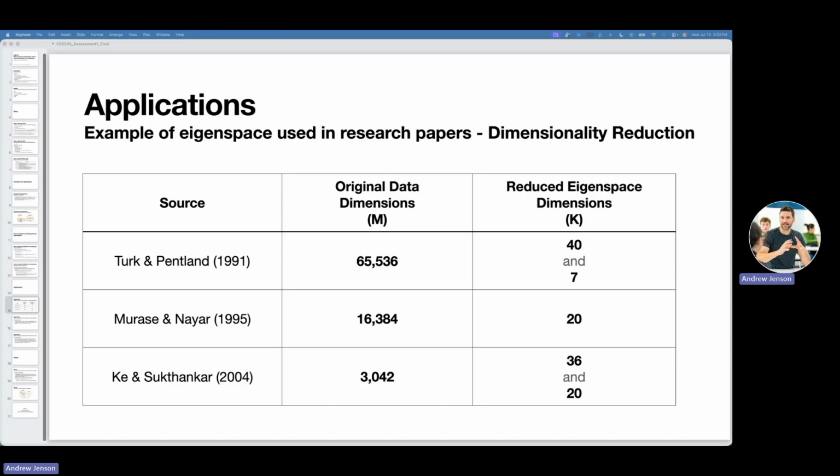Murase and Nayar reduced 16,384 dimensions down to 20 dimensions. And Ke and Sukthankar reduced image patches of just over 3,000 dimensions down to 36 dimensions in order to achieve their best matching performance, and was able to obtain good results by reducing down to 20 dimensions.